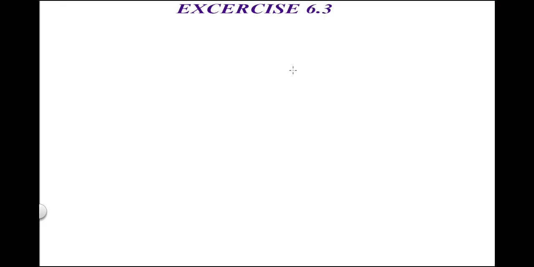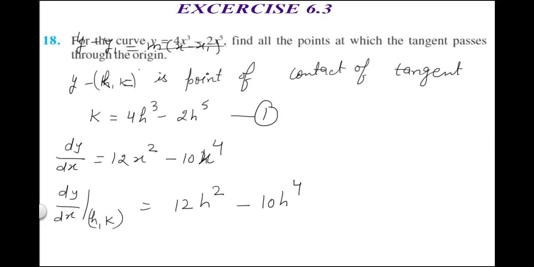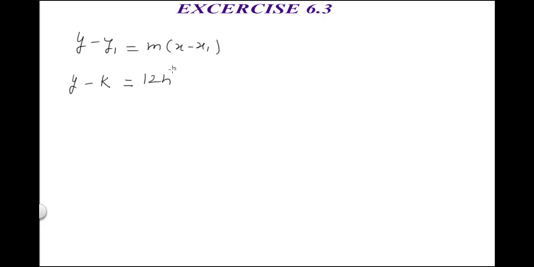So we write the equation as y minus y1 equals m into (x minus x1). Here y1 and x1 are k and h. m we had just calculated: 12h square minus 10h to the power 4. So y minus k equals (12h square minus 10h to the power 4) into (x minus h).